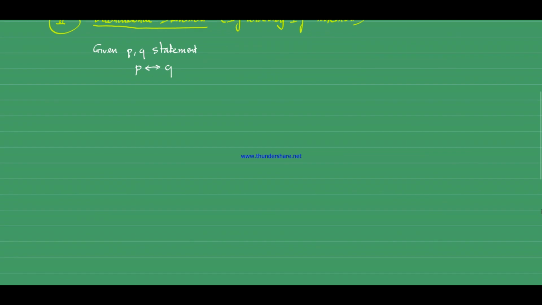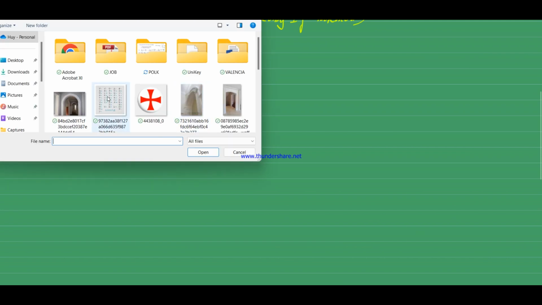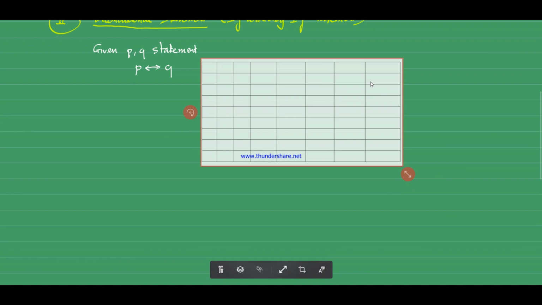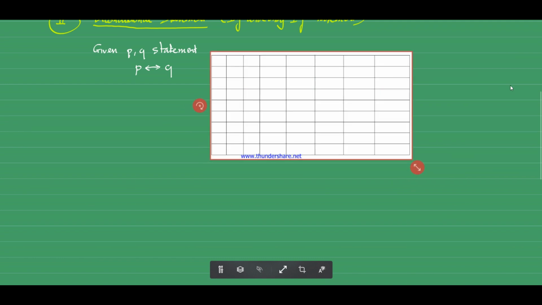And from here we can go ahead and create the table. So we will have P here, Q here, and P equivalent to Q. Again, we have only two simple statements.